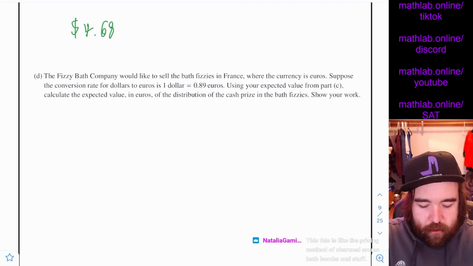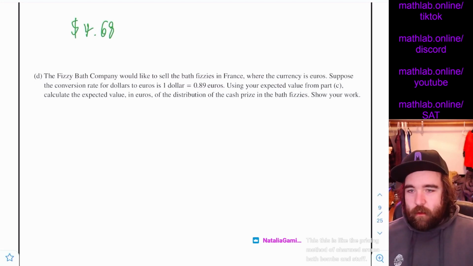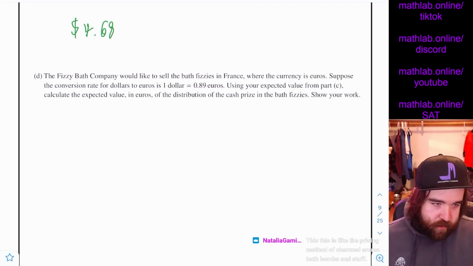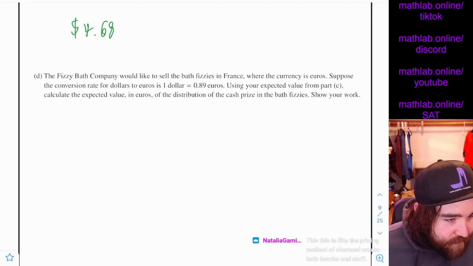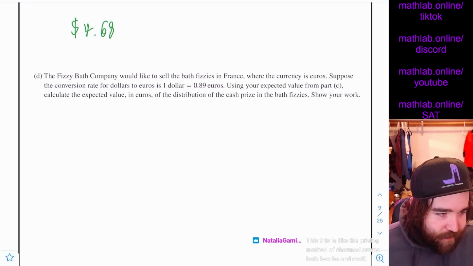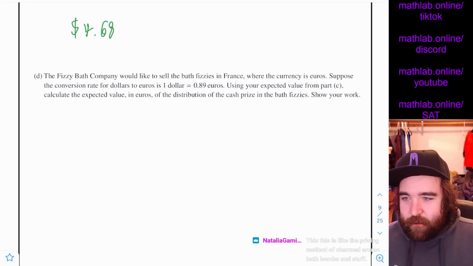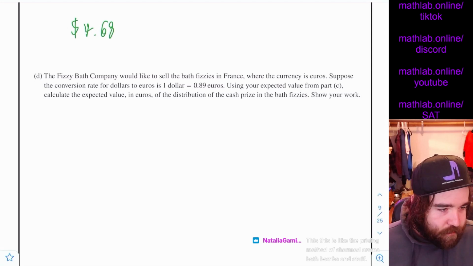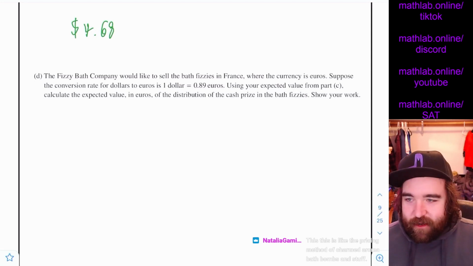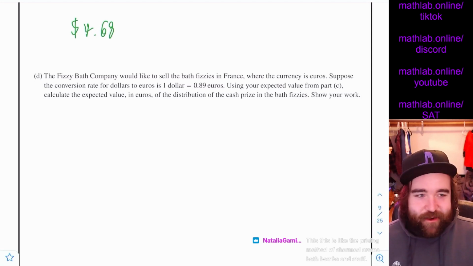What is the dollar to euro? Holy moly, that's exactly what it is. I guess that's pretty consistent. Actually, no, it's not consistent at all, but it's exactly right now. Interesting.